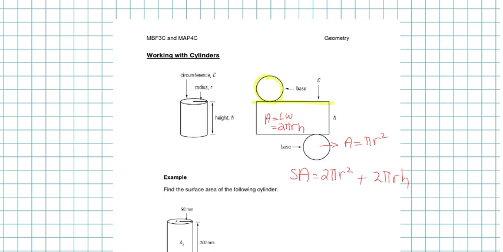Now, why do we need to know how they got the formula? Because sometimes I'm going to ask you, for example, to find the surface area of a can without the lid. So now your surface area is going to change. The 2 won't be there in 2 pi r squared, because you only have one circle. So now your formula is pi r squared plus 2 pi r h.